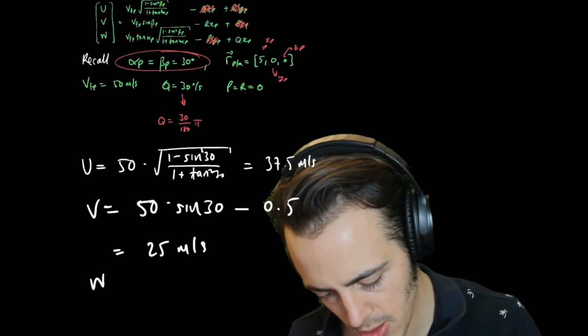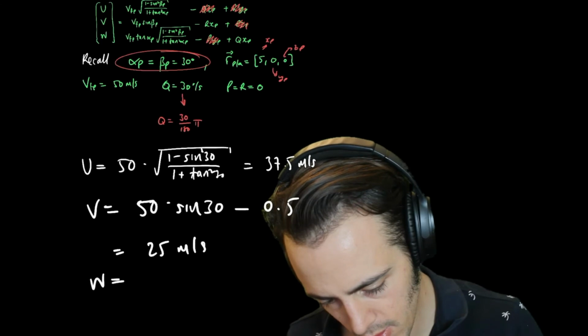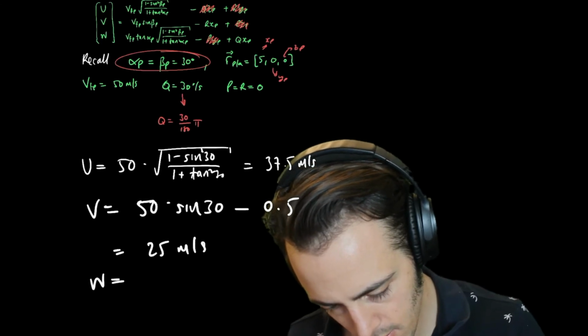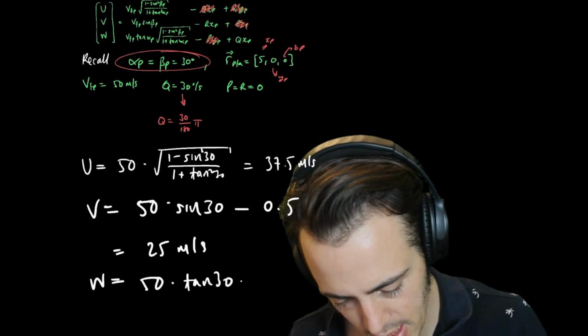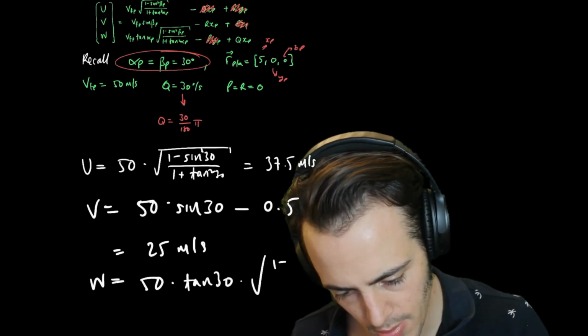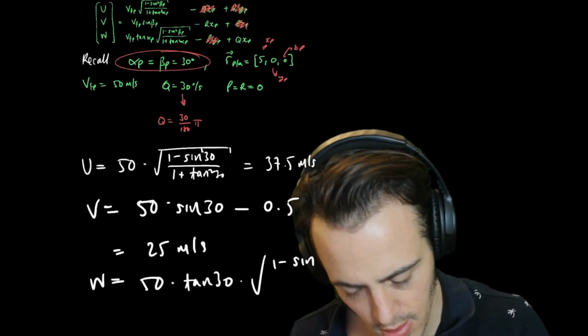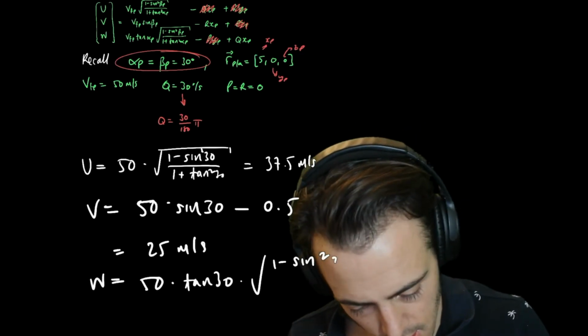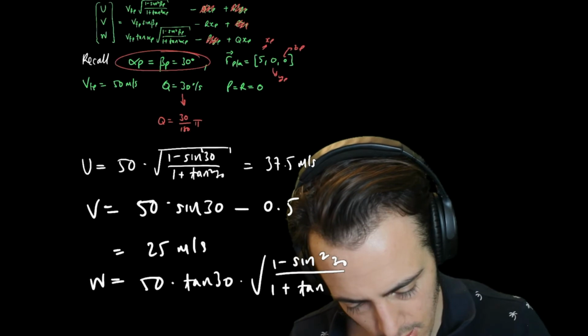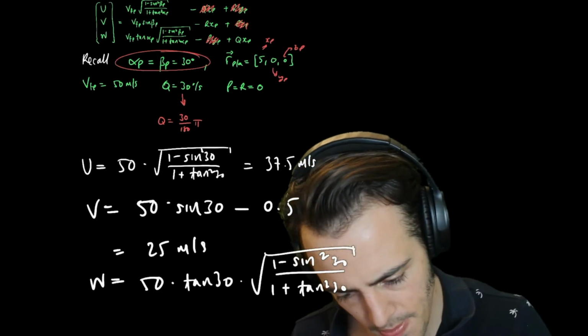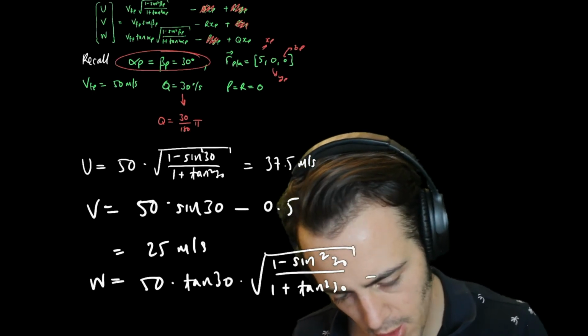And W is equal to 50 multiplied by tan 30 multiplied by 1 minus sine squared 30 divided by 1 plus tan squared 30 minus Q, which is the pitch rate.